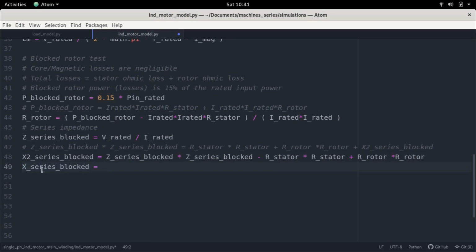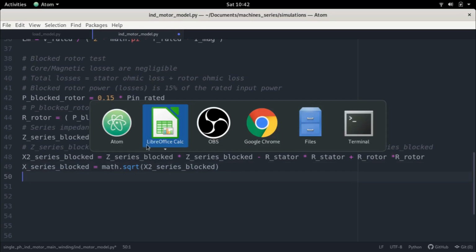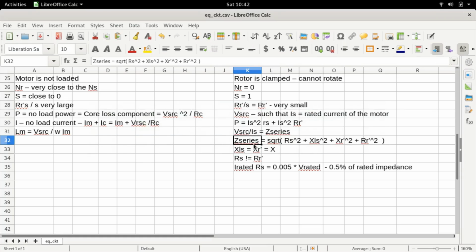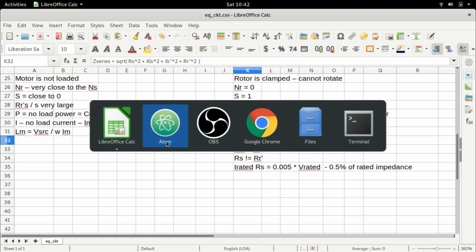Now this X series blocked is the square root. So all I have to do is say math.sqrt of X2 series blocked. So this is the reactance term, and this reactance term is equal to both reactances, which are the stator leakage reactance and the rotor leakage reactance.